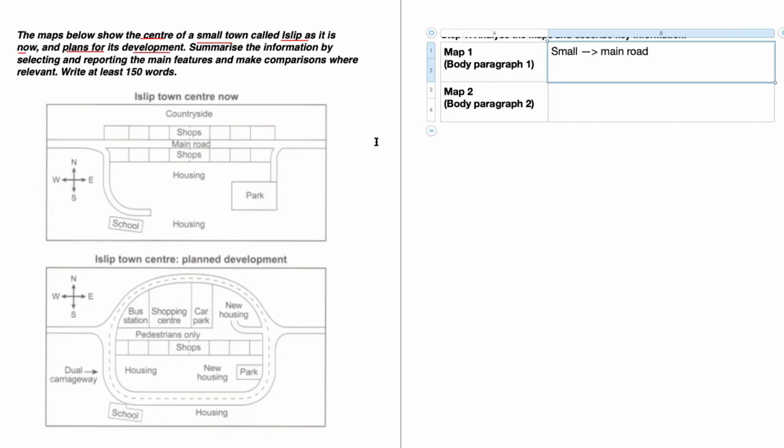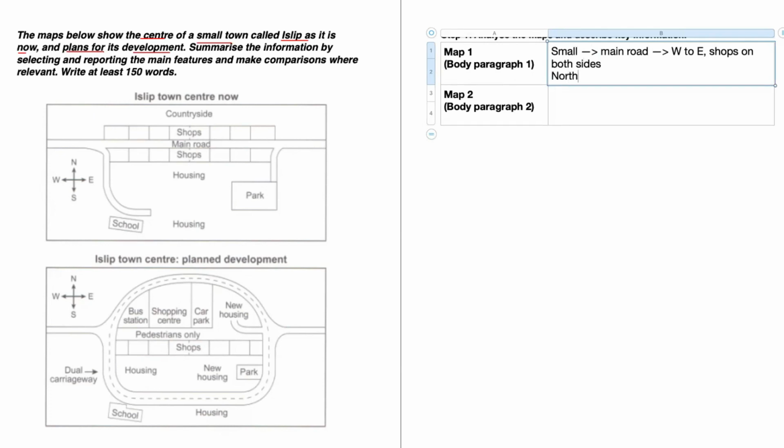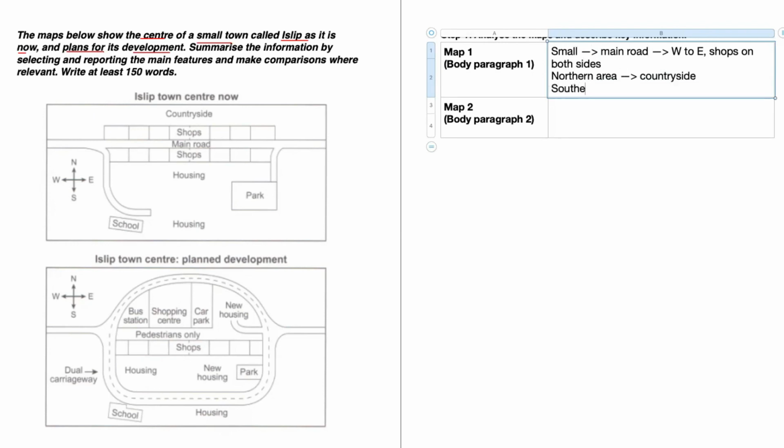I'm going from left to right with shops on both sides. So I'll say it goes from west to east, shops on both sides. We see that the northern area is countryside. Okay, so again, using the north, we see that's countryside. And the southern area looks to be filled with housing.